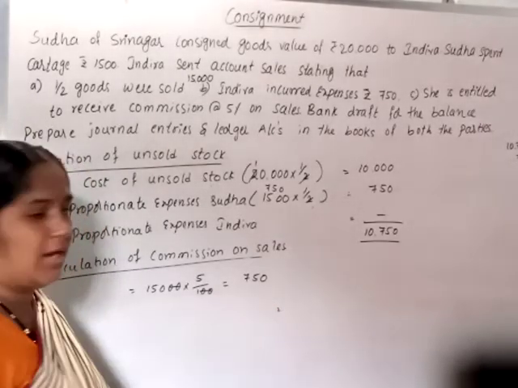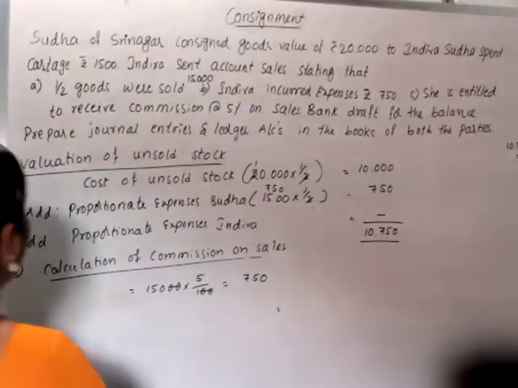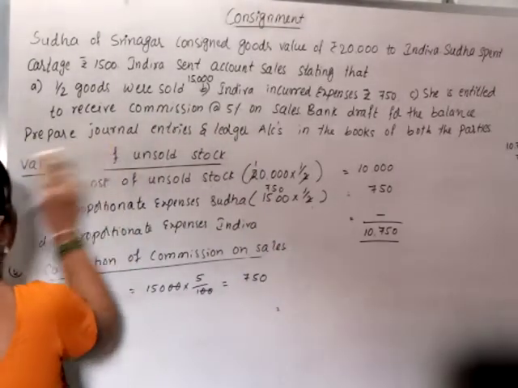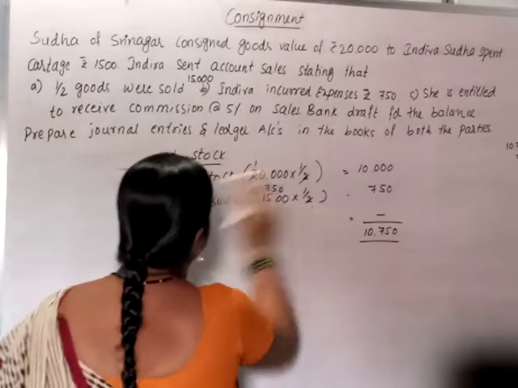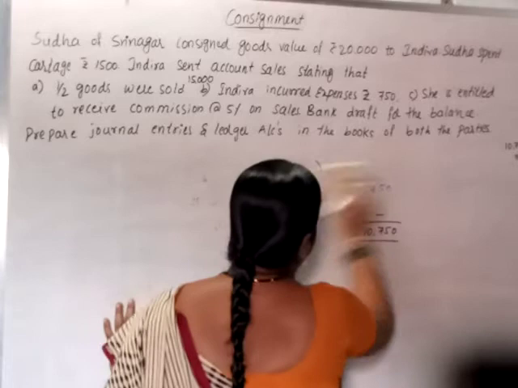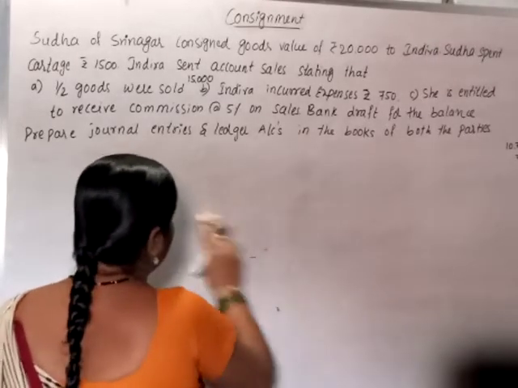Then now calculate the ledger accounts in the books of consignor and in the books of consignee. First of all, I am taking the ledger accounts in the books of consignor. So write the title: ledger accounts in the books of consignor.